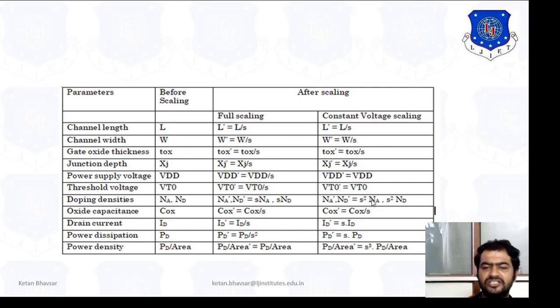So the junction capacitance is also part of the MOSFET capacitance effect. This is a basic comparison diagram that we already saw in the previous session. These two types of scaling play a main role when we are talking about any type of density area.